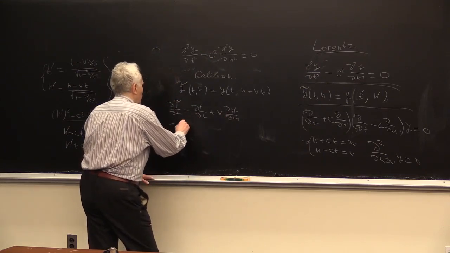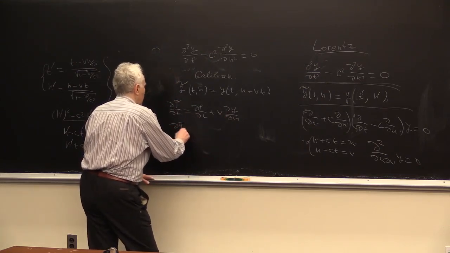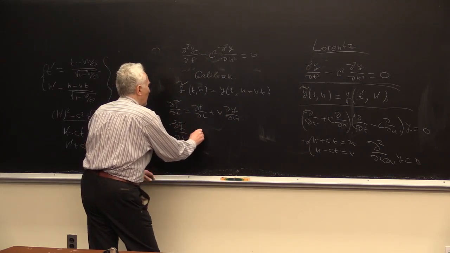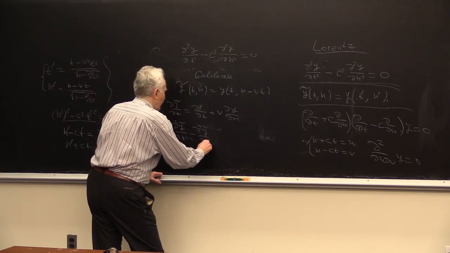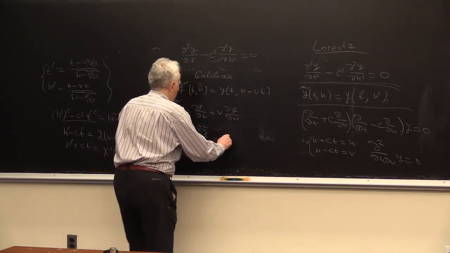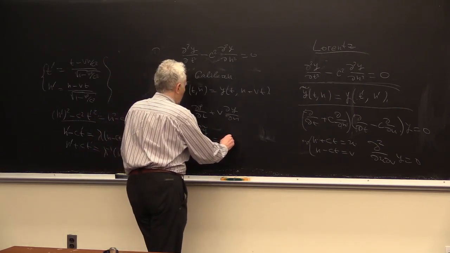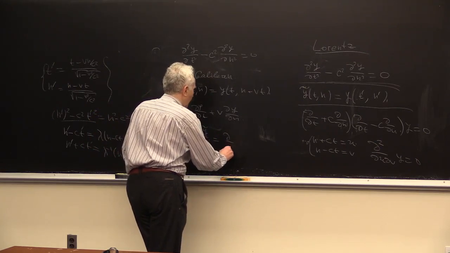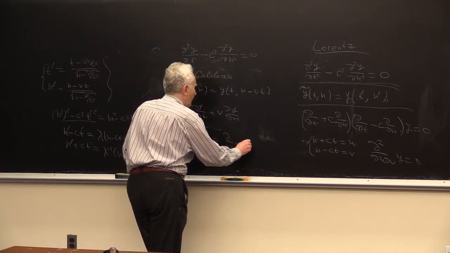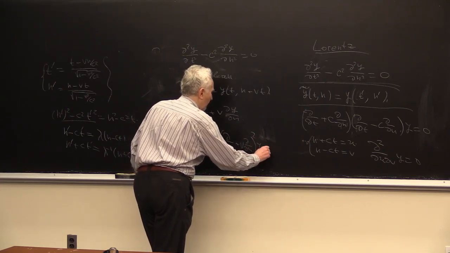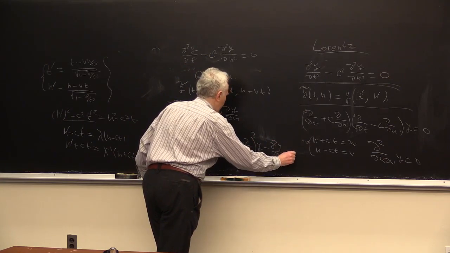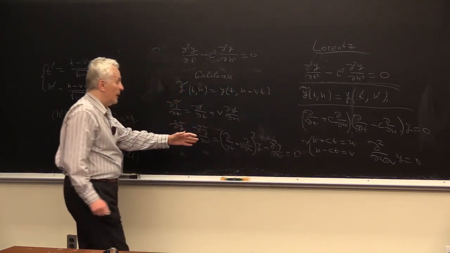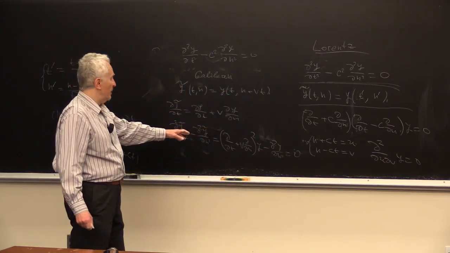As a result, you see that (dy/dt) squared minus the other term will be equal to something else, so we get a different equation.